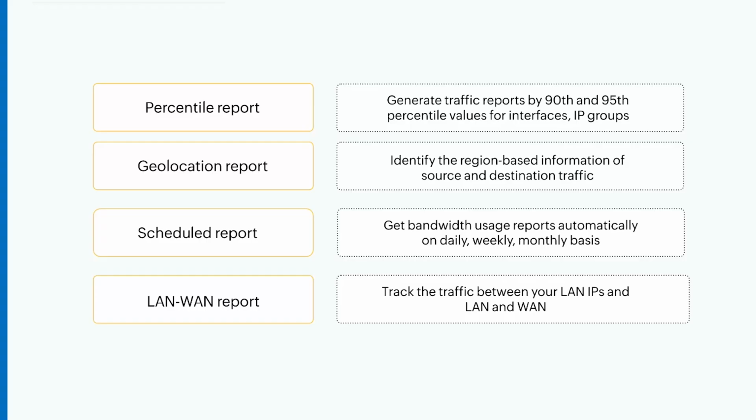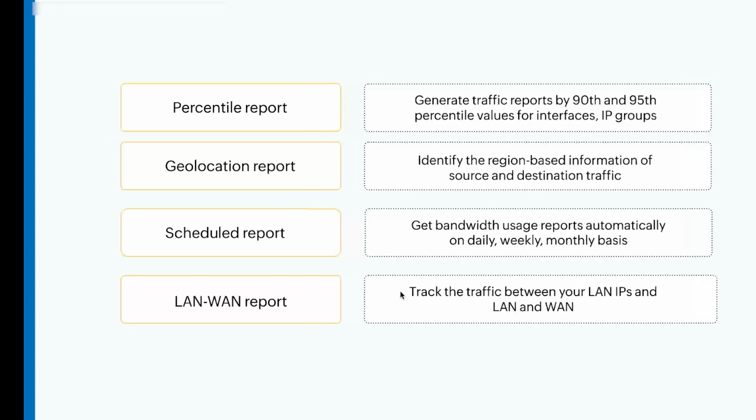Scheduled reports give you the advantage of getting bandwidth usage reports on a weekly, monthly, and yearly basis. You can select the report type, recurrence details, format, and the recipients to get the reports for the specified source. And we also have LAN-WAN reports, which allow you to monitor traffic specific to LANs and WANs in the network.